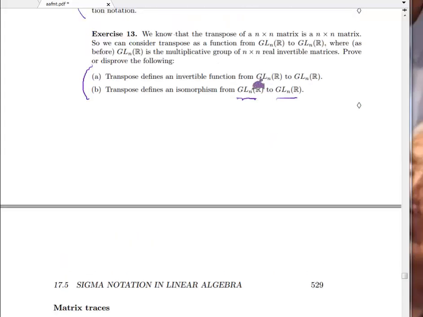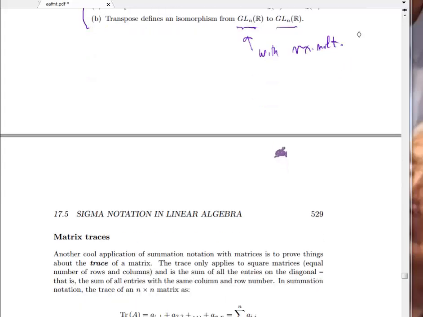Okay, and here, when you say this GL to GL, this means with matrix multiplication.